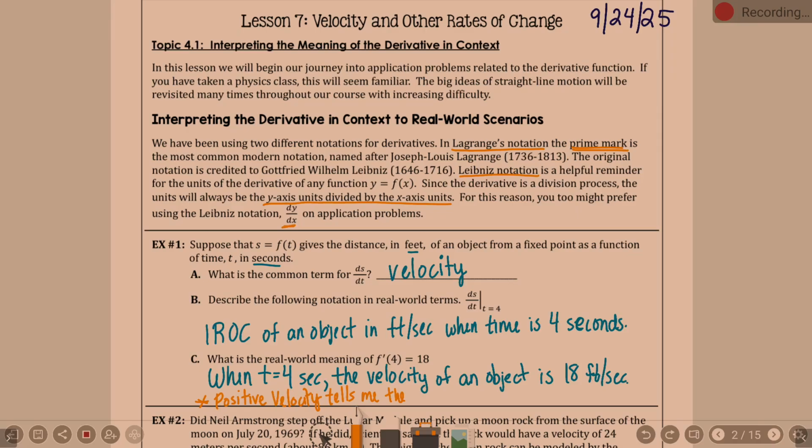Tells me the object is moving away from a fixed point. Okay, so positive velocity tells me the object is moving away from a fixed point.